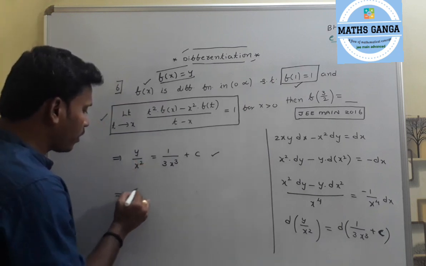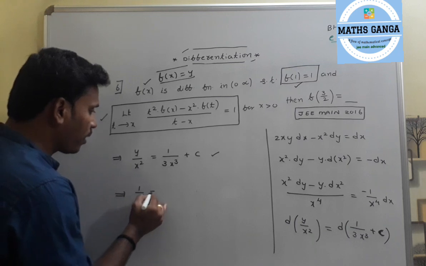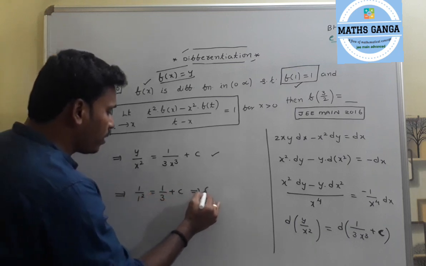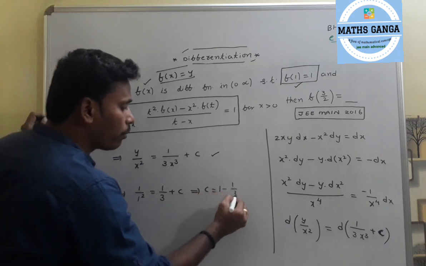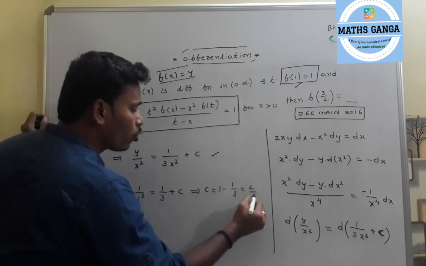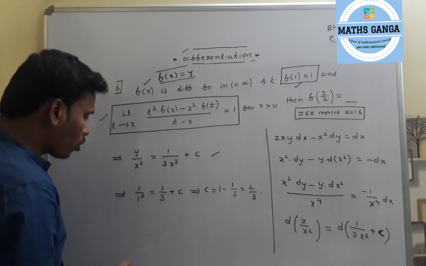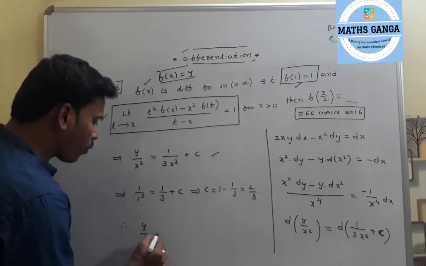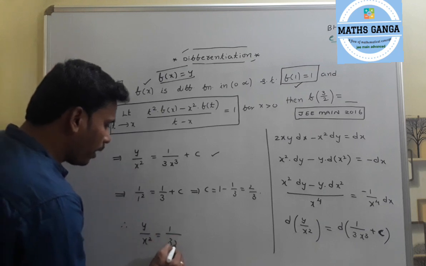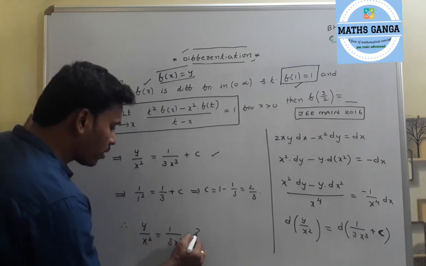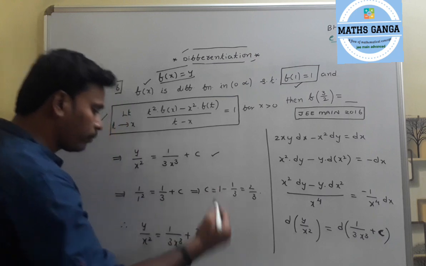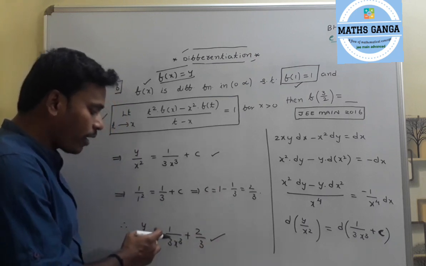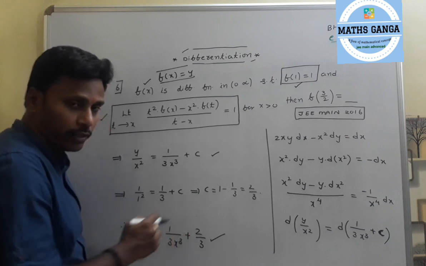So it becomes 1 by 1 square is equal to 1 by 3 plus c. From there c is equal to 1 minus 1 by 3, that is equal to 2 by 3. So c is equal to 2 by 3. Finally we have y by x square is equal to 1 by 3x cube plus 2 by 3. This is the final result we have.